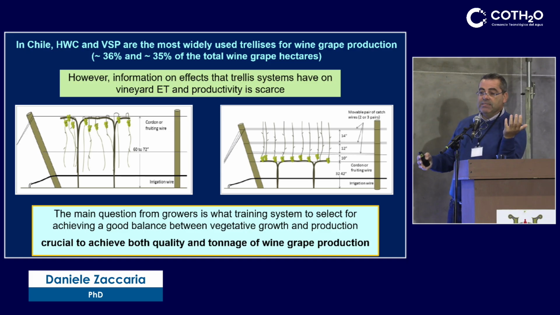So you can mechanize a lot of operations in the field, including pruning, and so basically there's a labor efficiency on top of the other convenience. So the question is which one to choose for the future, given that the future might be characterized by increasing alternation of wet and dry extreme events. And so we try to contribute to address that.